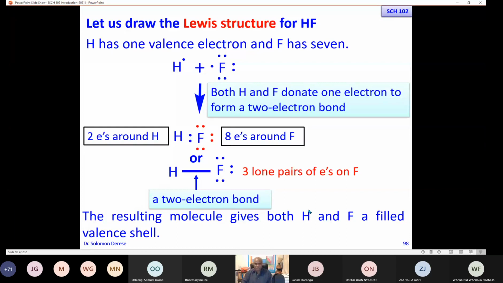For hydrogen to have a filled valence shell, it requires 2 electrons. For fluorine to have a filled valence shell, it requires 8. So this gives the hydrogen 2 electrons and the fluorine 8 electrons. Is it okay? Do you have any question on this?